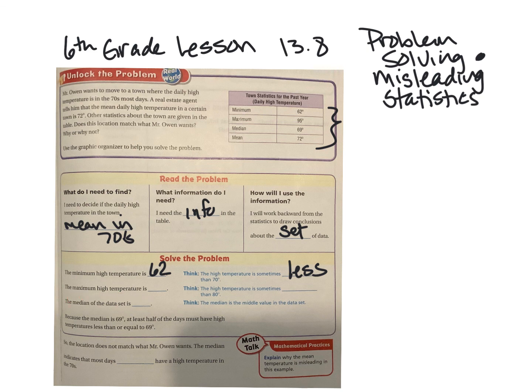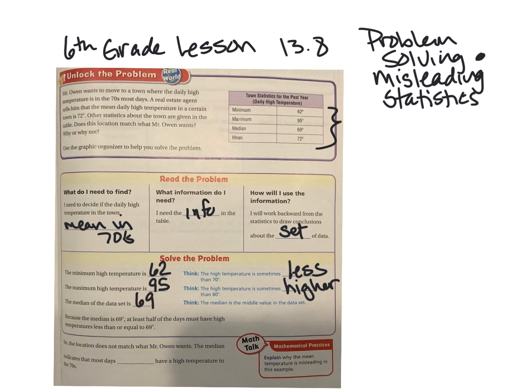The maximum high temperature is 95, and for somebody wanting 70-degree temperatures, that's hot. The high temperature is sometimes higher than 80 degrees, and that's pretty significantly higher than 80 degrees. The median of the data set is 69.